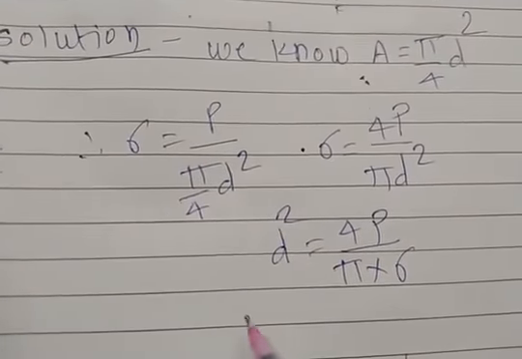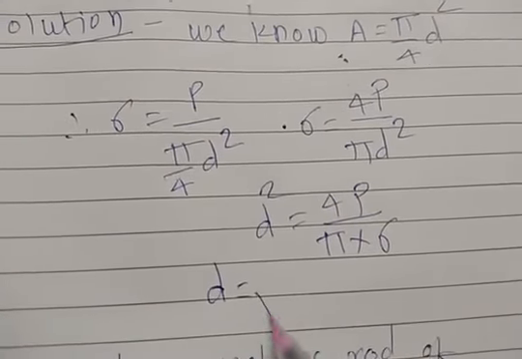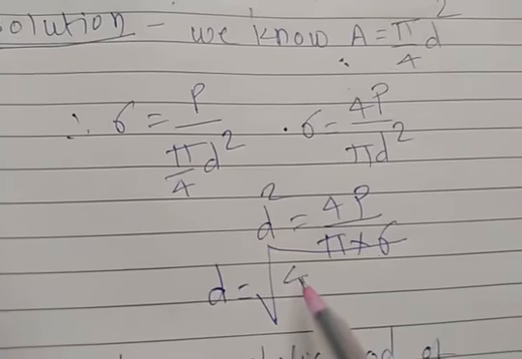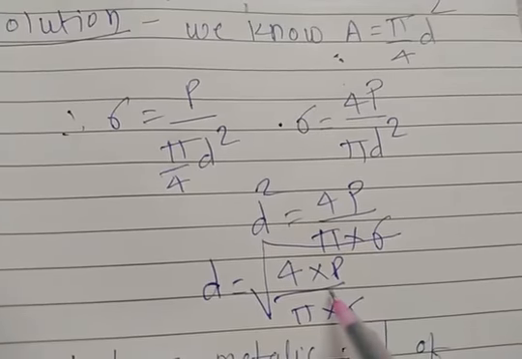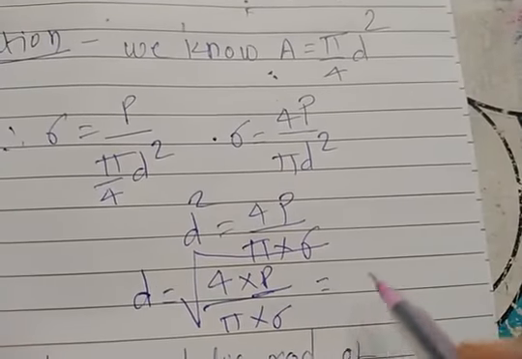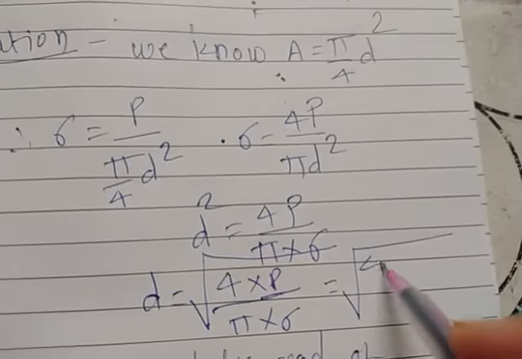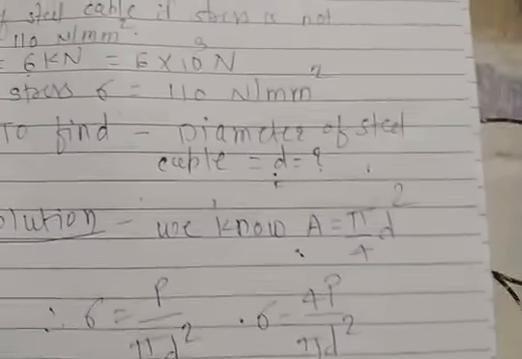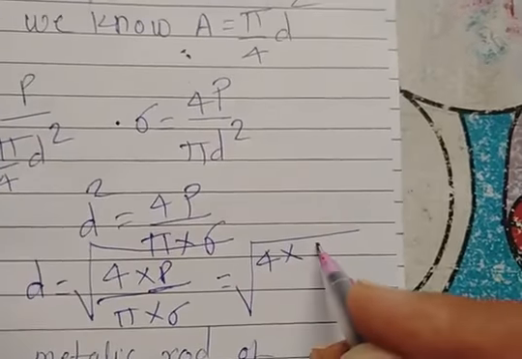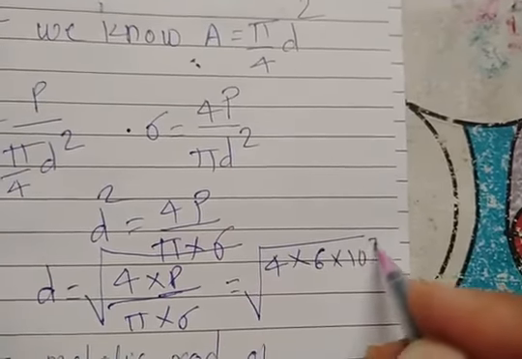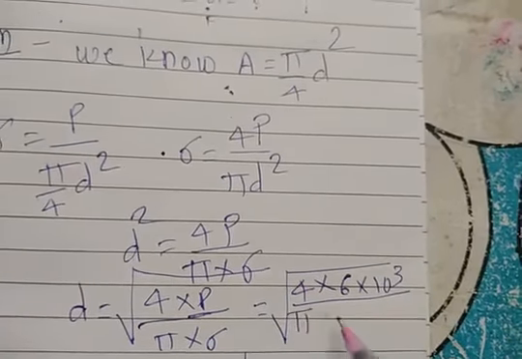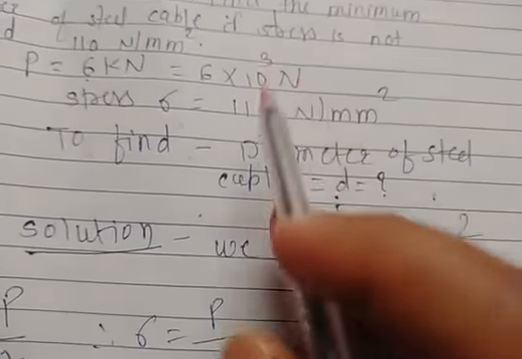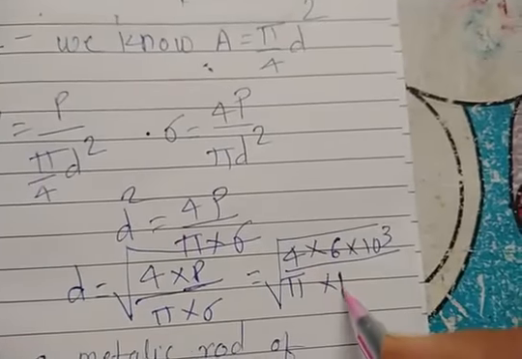To calculate D, you have to take the square root of 4 into P upon pi into sigma. After putting in the values, 4 multiplied by P, where P is 6 into 10 raised to 3 newton, upon pi multiplied by the value of sigma, which is given as 110.